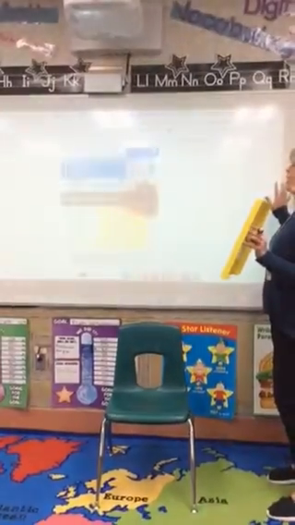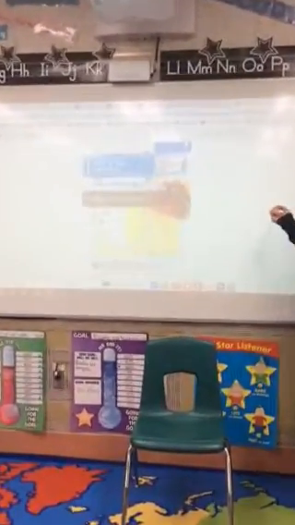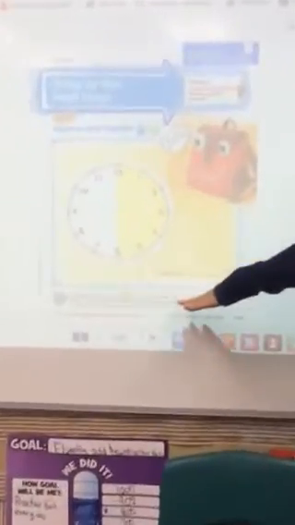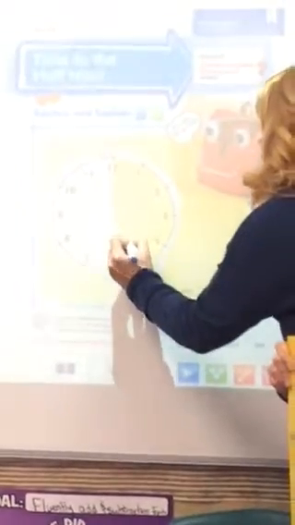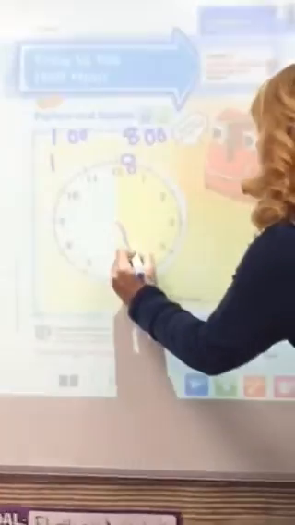So let's look at these pages. And here we go. Time to the half hour. You need to read the directions down here. It's going to have you place the hour hand at the 5. And what I really want you to do when you're doing these pages is please exaggerate the short hand, the hour hand. Make it really short right here.